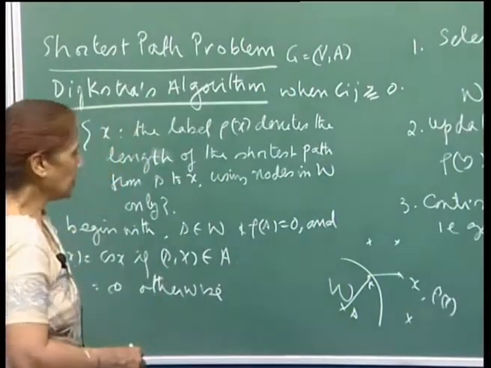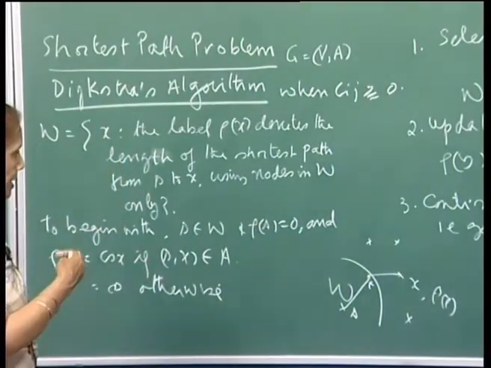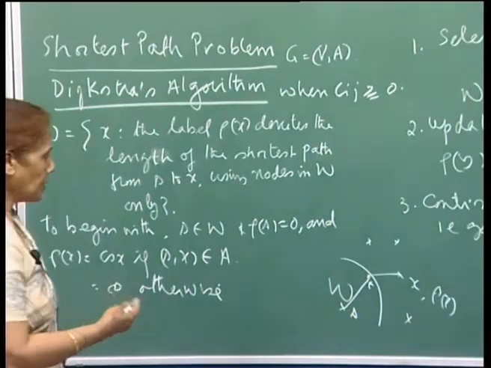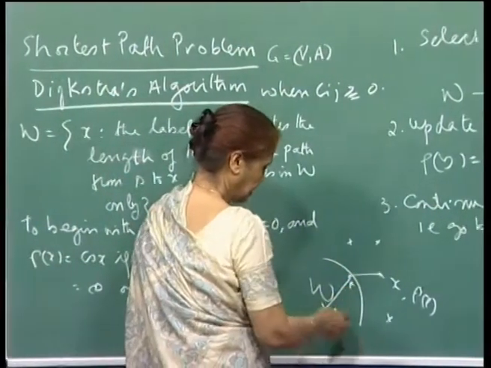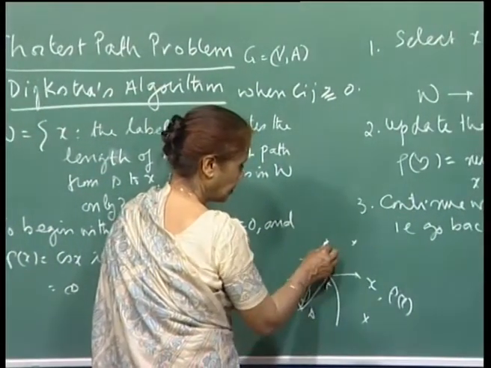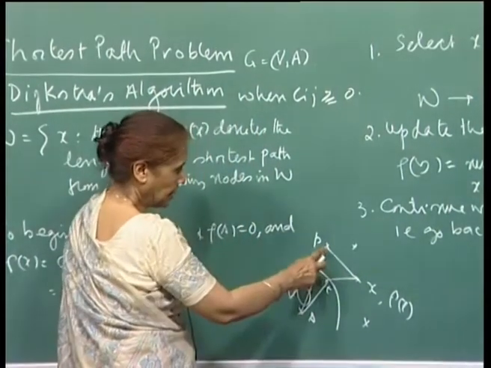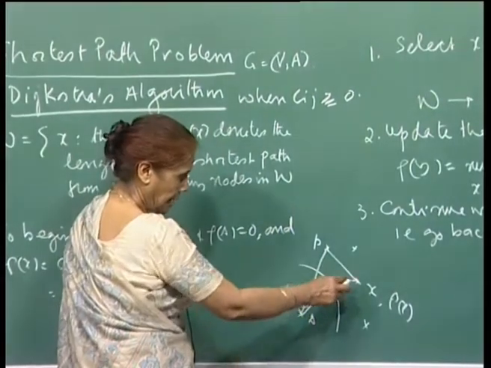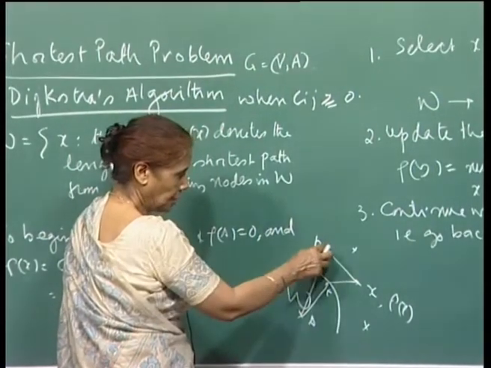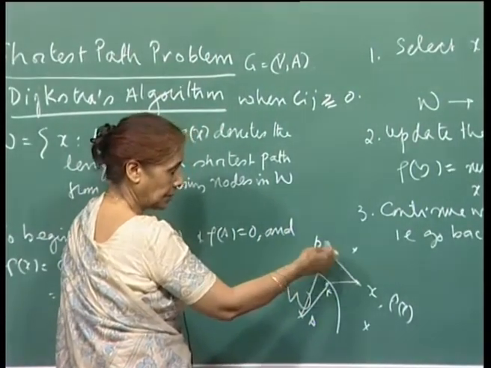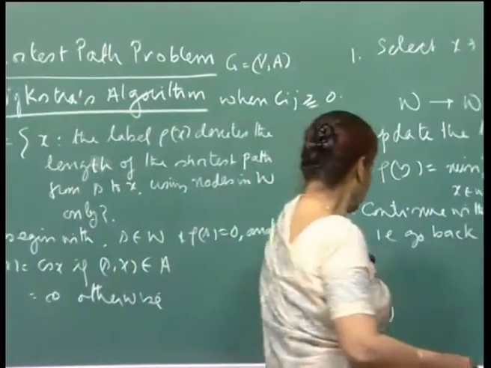Now, suppose that it is not true, that means suppose there is another path from S to X going through a node P which is outside W. Then what will happen?